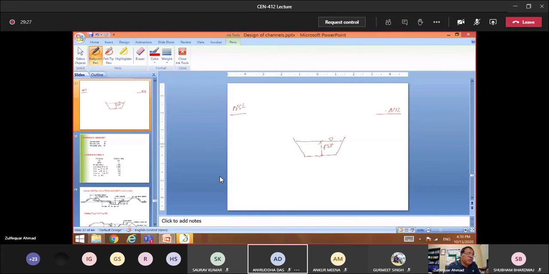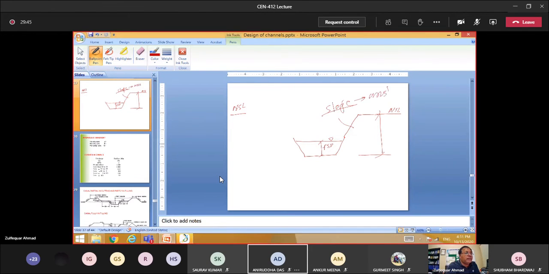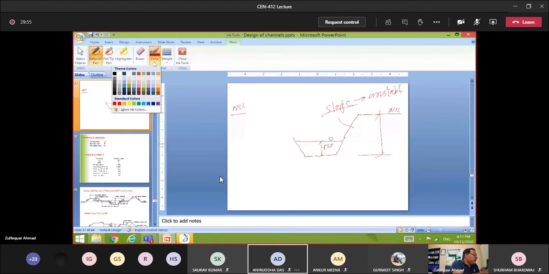Now there are two options. If you go like this, then this height will be very large, and this slope may be unstable. Then what you have to do? In that case, what is being done is, I'm using another color here, an offset is being provided, and then that is being joined.